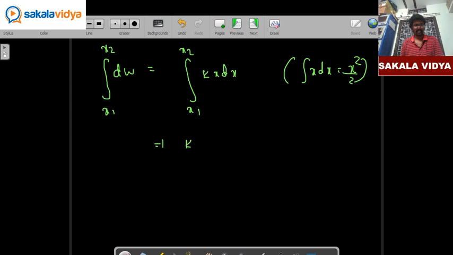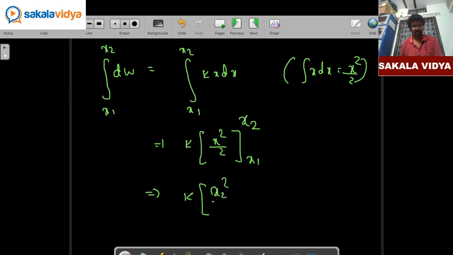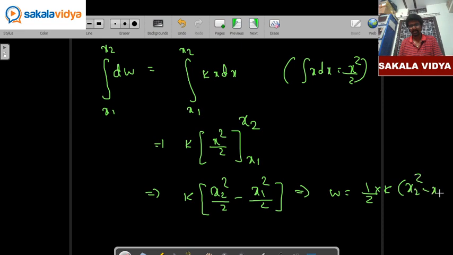So k is constant, k times x square by 2, applying the limits, upper is x2, lower is x1. So then our equation becomes k times x2 square by 2 minus x1 square by 2. If you take 1 by 2 common, it becomes work done is equal to half into k into x2 square minus x1 square.